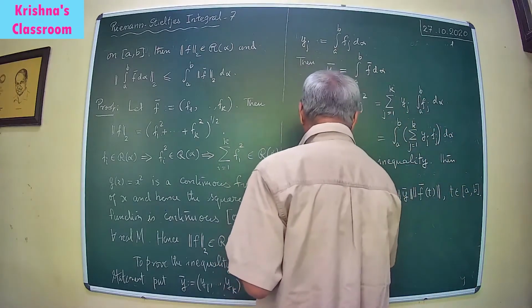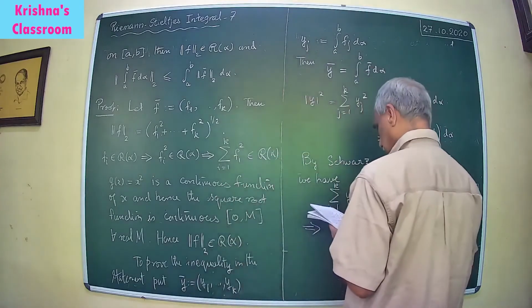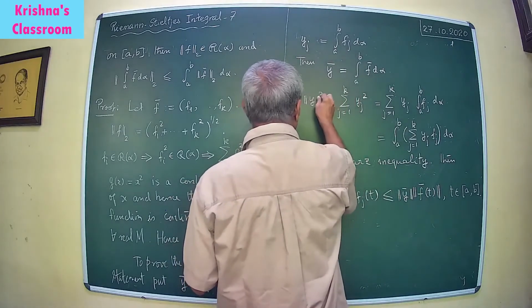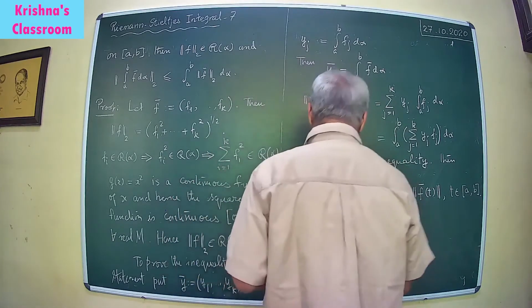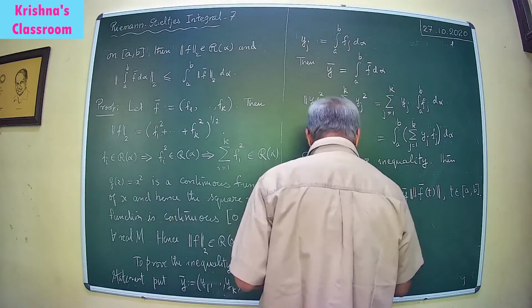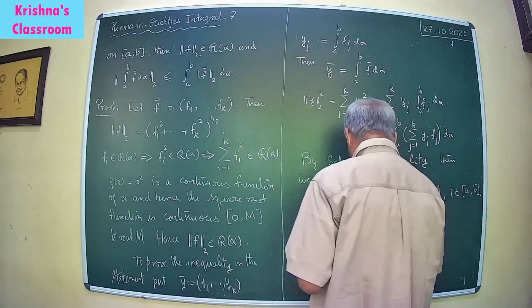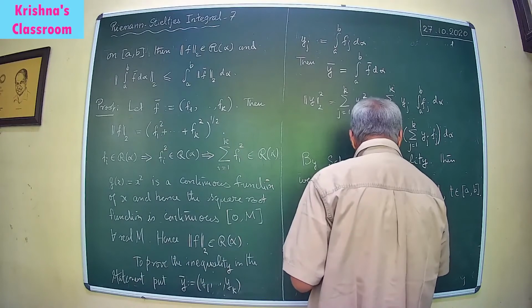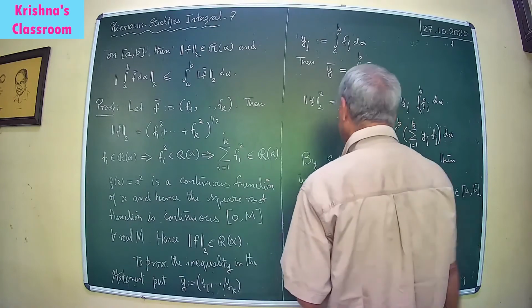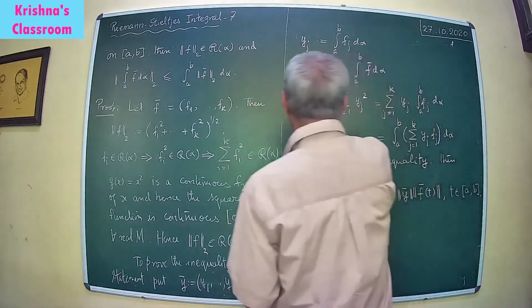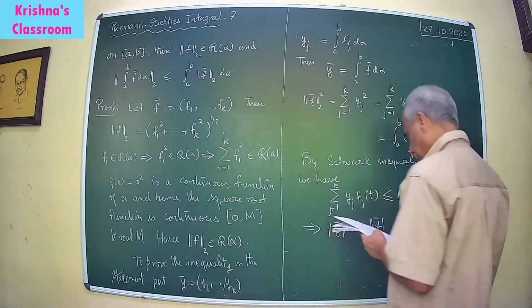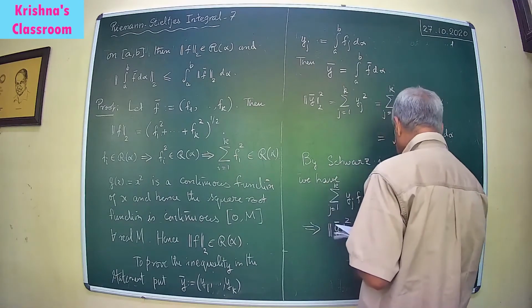And this implies the norm of this is less than or equal to the norm of y bar square into integral a to b.